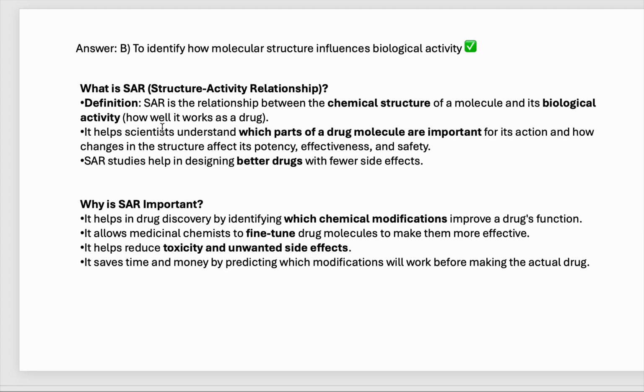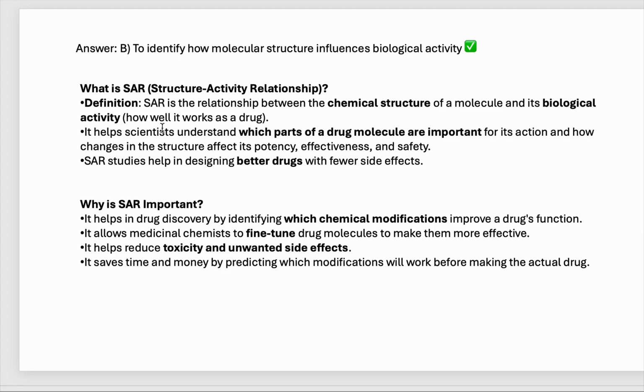Obviously, once you know what is absolutely necessary, what makes the compound have the activity that it does, you can just try to add and remove parts and bits of it, and try to add things to it to make its activity better, to reduce its toxicity.